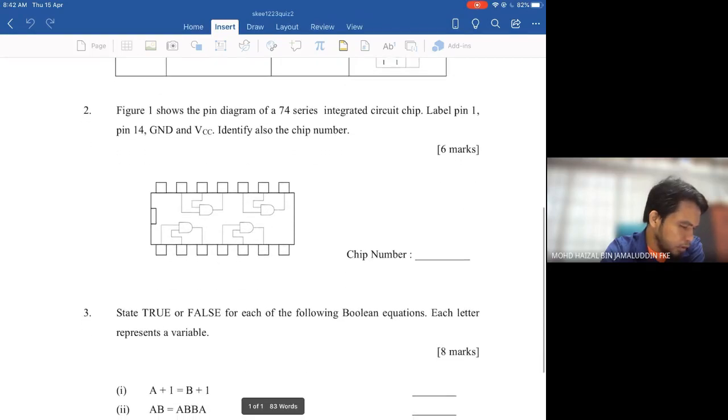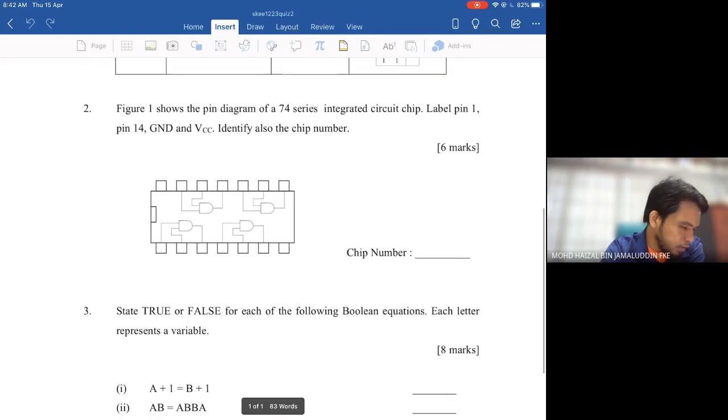And number 2 is a gate, a chip. Okay, so we haven't learned about this. So it normally starts with the 74 series of gates. In one chip, normally you have maybe four, two or many more gates.